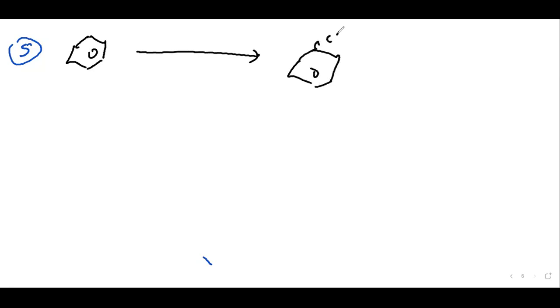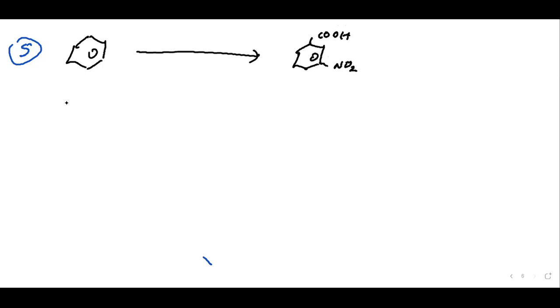I'll have here a COOH group, and in the meta position I'll put here a COOH, and here you will get an NO2 group. How to do this?